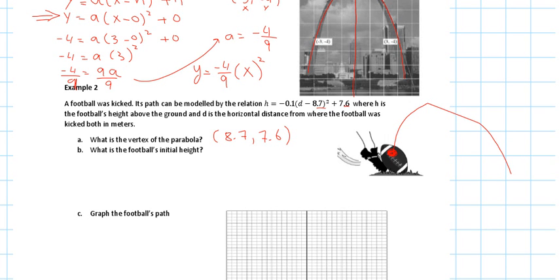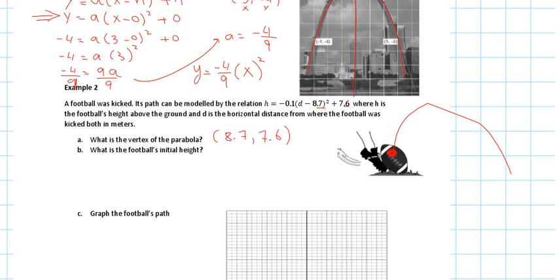How far was the football's height from the kicker's leg? It's on the kicker's leg, right? So what's the distance between the football and the kicker's leg? Zero. The actual distance from the kicker's leg to the football is zero, because it's on his leg.